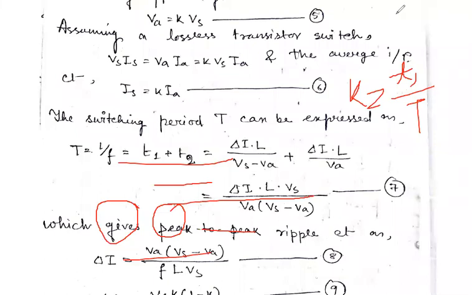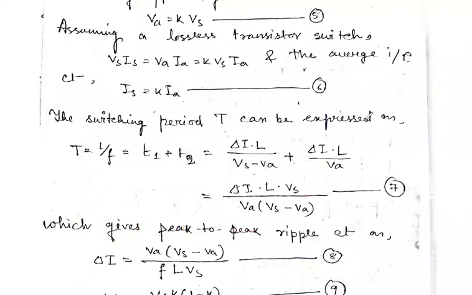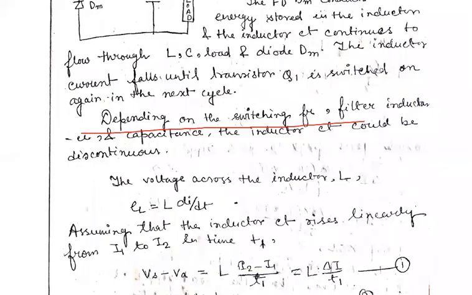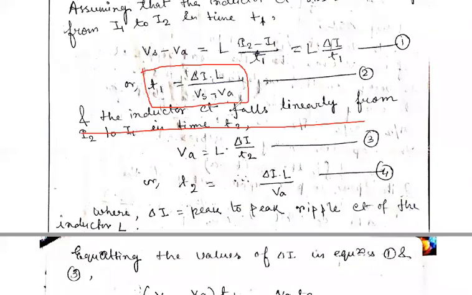Now we can say that the total switching period T is nothing but 1 by f, which is T1 plus T2. From the equations we get the value of T1 is ΔI L by (Vs minus Va) and T2 is ΔI L by Va.